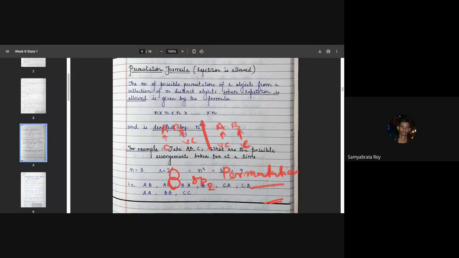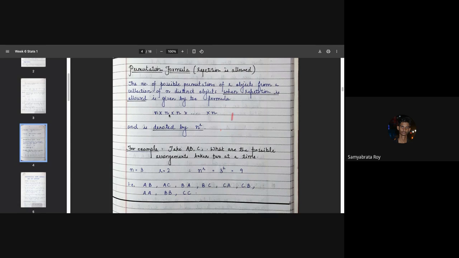What if repetition was allowed in permutation? Suppose, let us take the same thing as well.